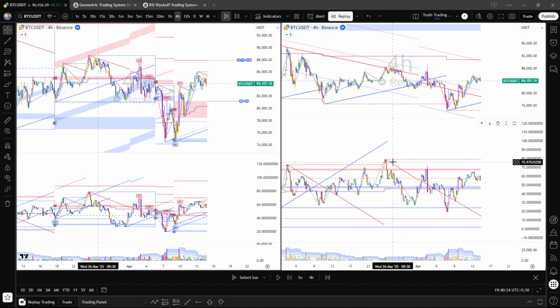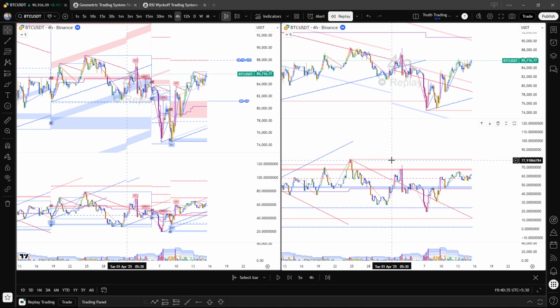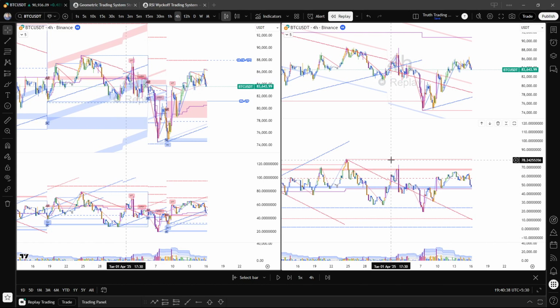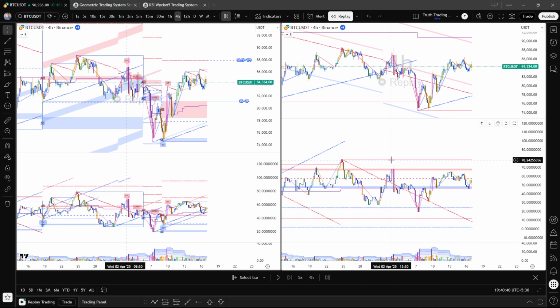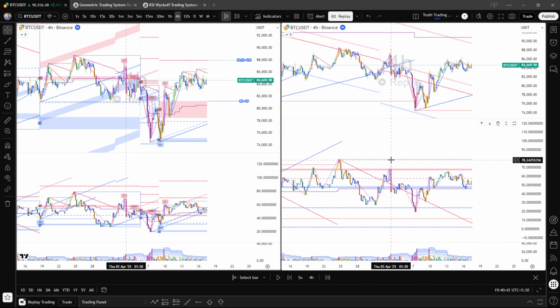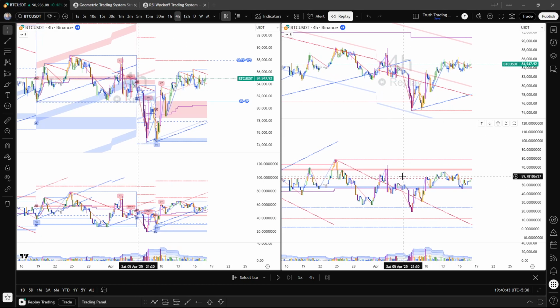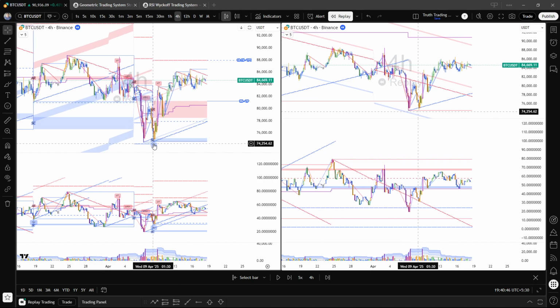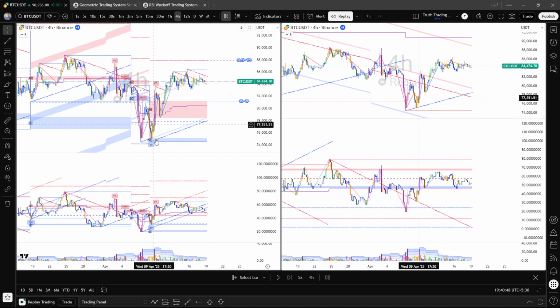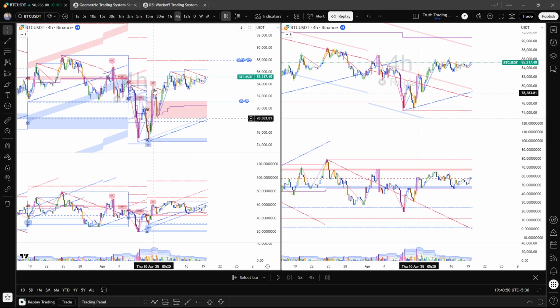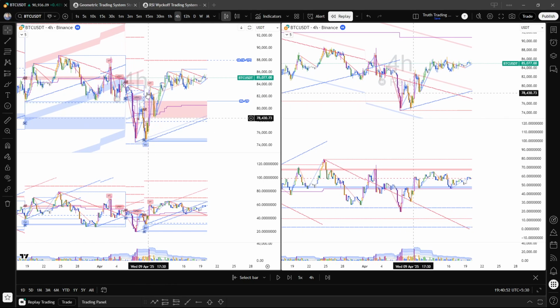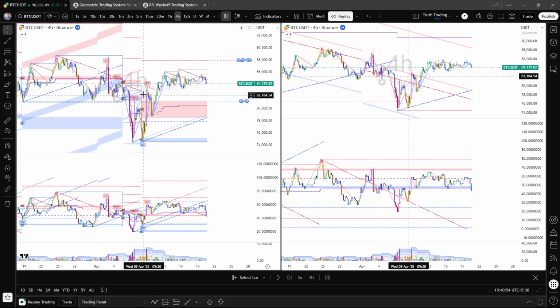See, there also it made backing up action there. It was a very big candle closing above this range.